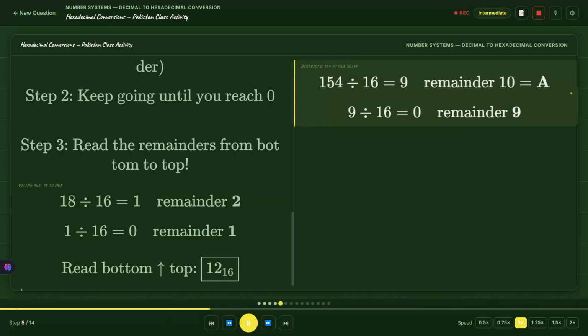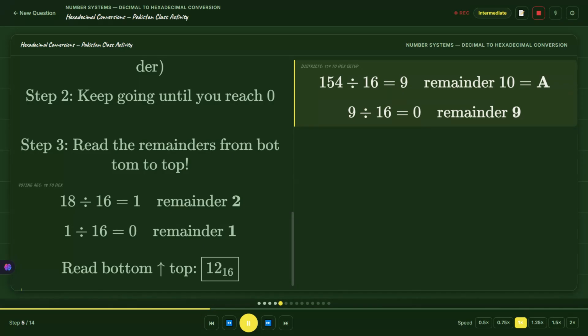Now let's do 154, the total districts in Pakistan. We split 154 into groups of 16.